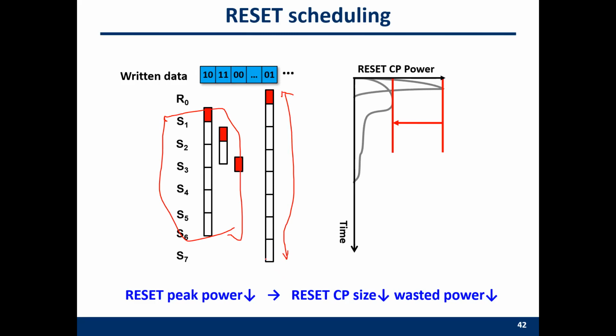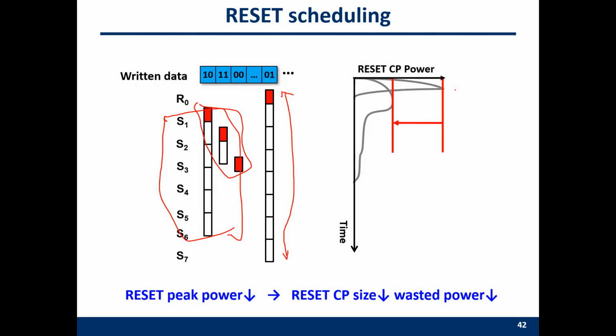If we delay it, we will prolong the write latency of the entire write operation. However, if we delay these resets, everything can be finished within the original latency. And we can also reduce the peak power here.